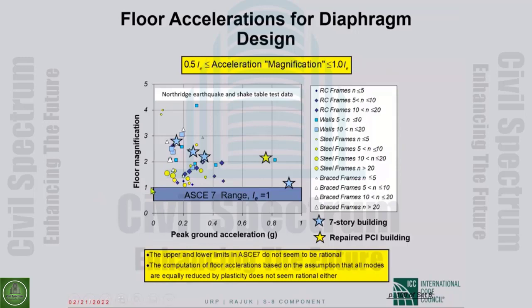This is the ASCE 7 upper bound diaphragm design force: 0.4 S sub DS I times W. This is the lower bound ASCE 7 diaphragm design force.